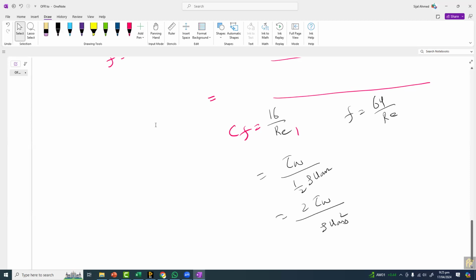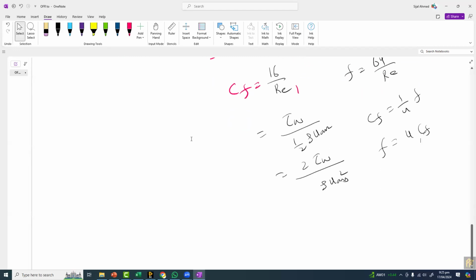And also I know that F is equal to 4 times the CF. So from here I can write F is equal to 4 into 2 wall shear stress divided by rho into U average square.